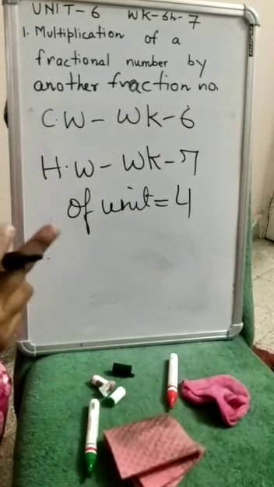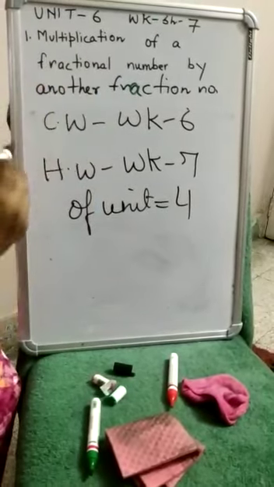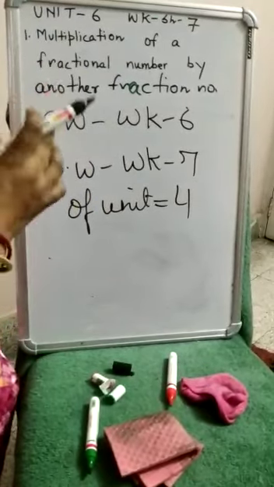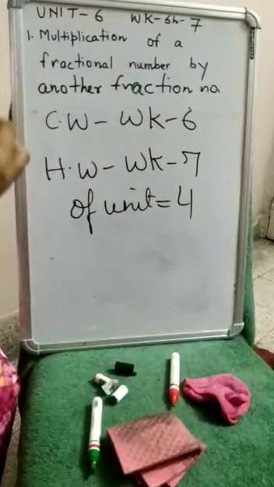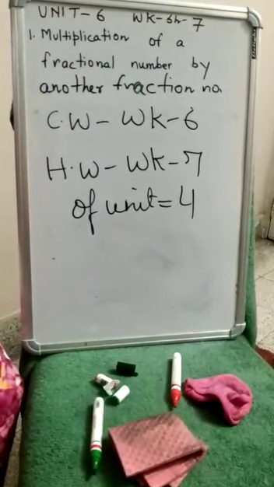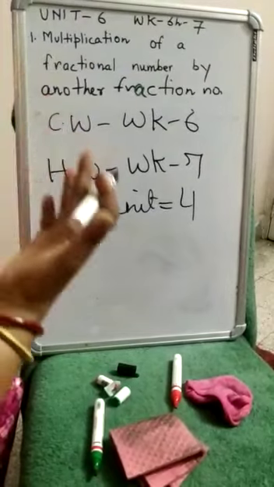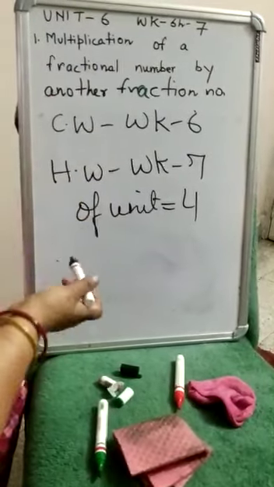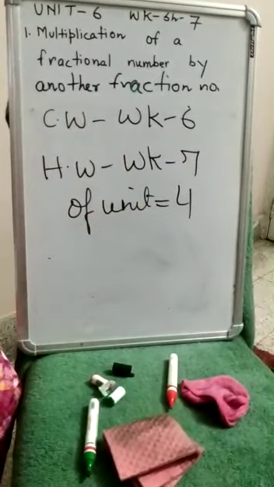So always remember, again I am repeating, when you are multiplying the fraction number with another fraction number, always multiply the numerator with the numerator and denominator with the denominator. If the numerator and denominator have the common factor, then we have to reduce it into the lowest term before giving the final answer. So children, classwork is worksheet number 6, homework is worksheet number 7 of unit number 4.